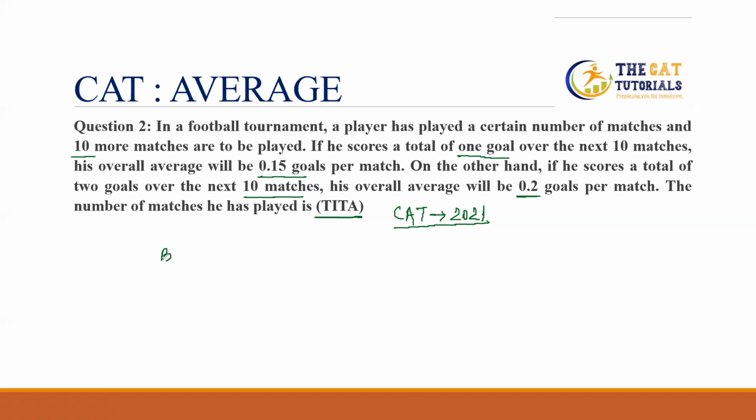By 1 extra goal, the average increases by how much? The average increases by 0.2 minus 0.15, which is equal to 0.05. This is the increase in the average.